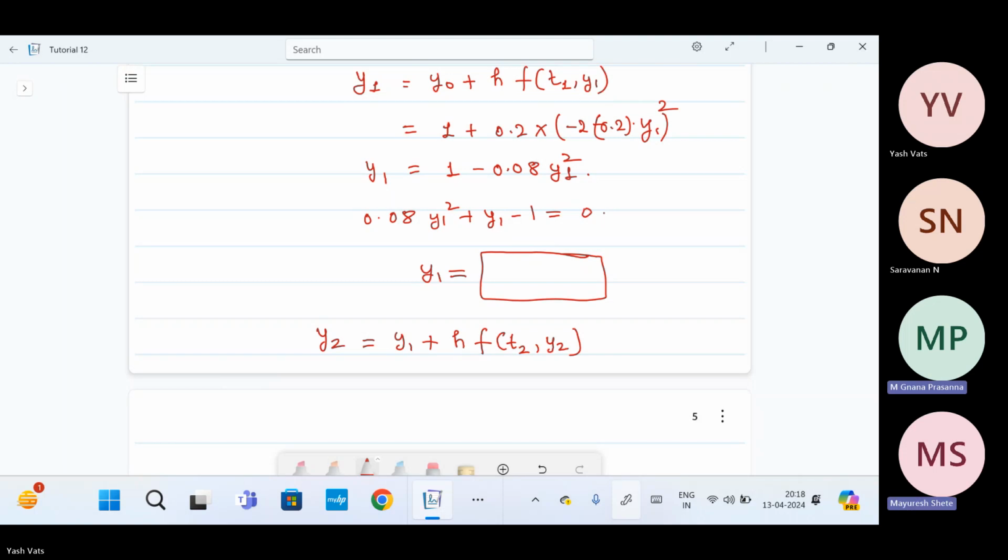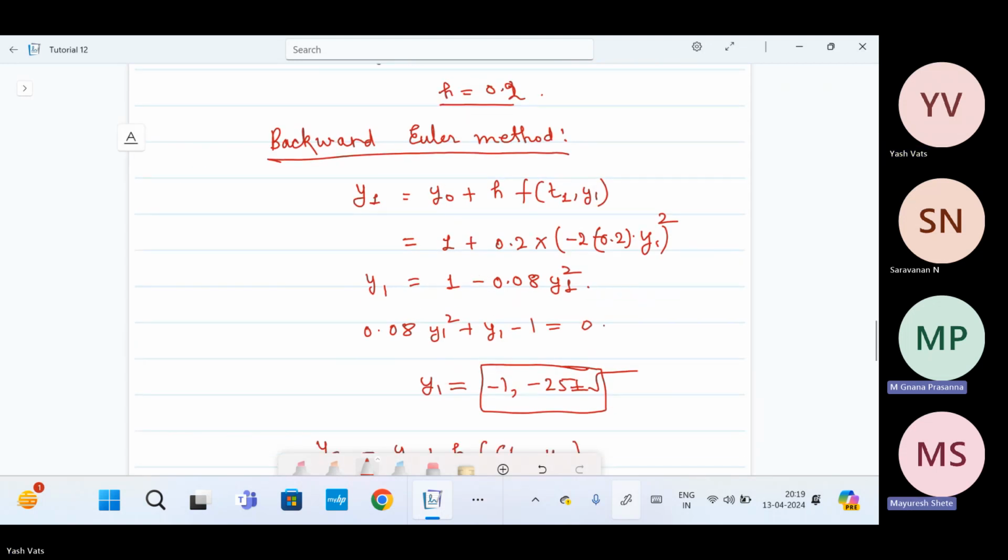Sir, one we got is minus 1, the other one is minus 25 plus 5 root 33 by 4, something. One is minus 1 and the other is about 0.9307. 5 root 33 by 4 is nothing but 0.9307.